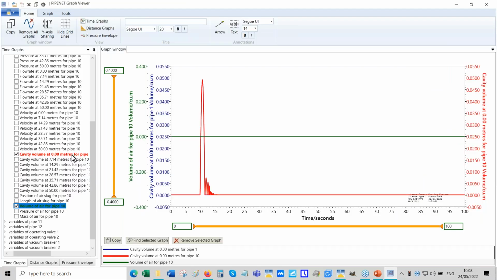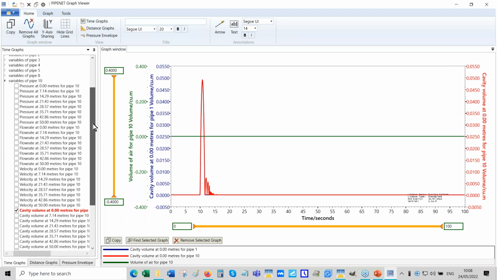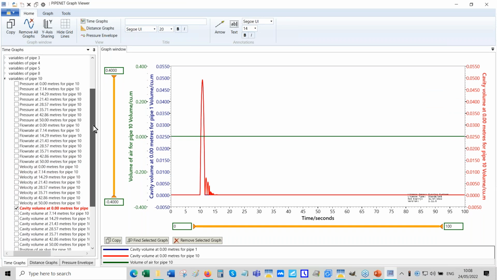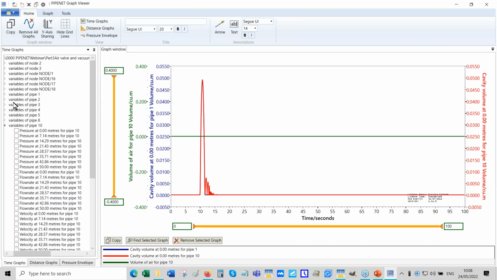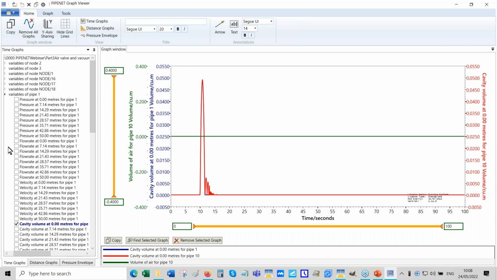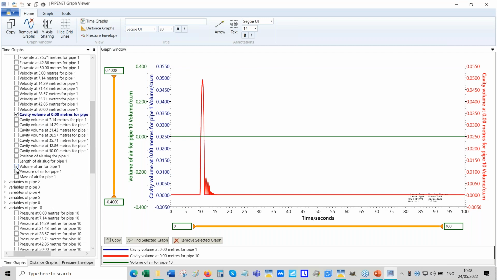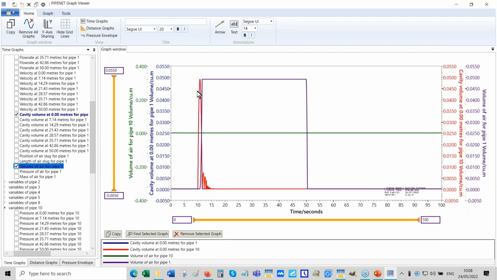If you compare that to pipe 1, see, pipe 1, you get an air pocket that comes into that pipe when the cavity in that pipe collapses. So see, this illustrates the difference between the two models.